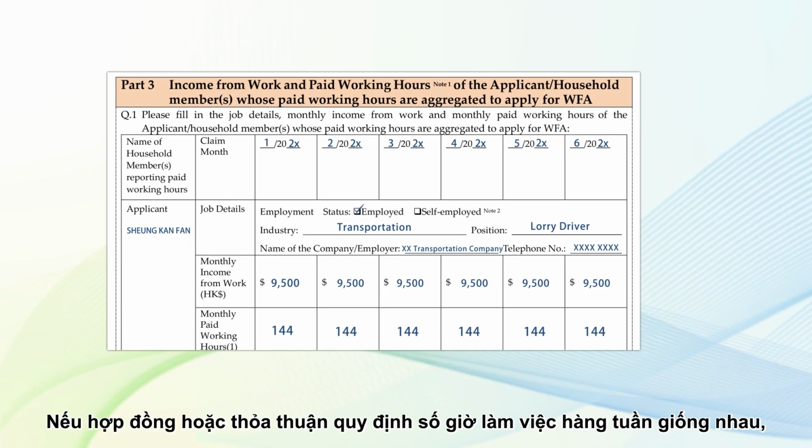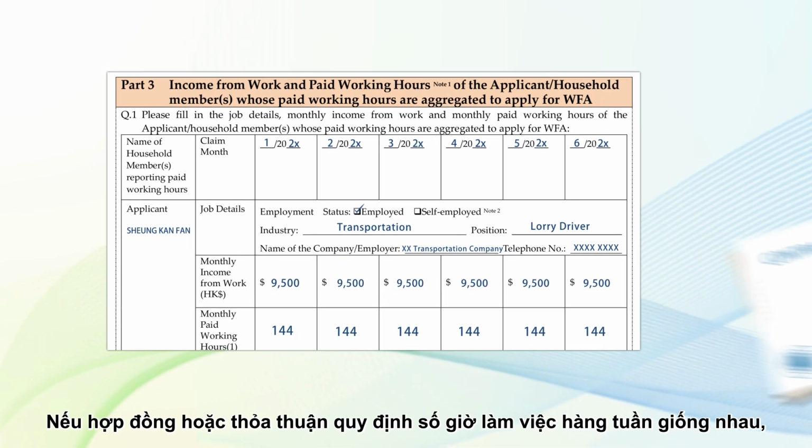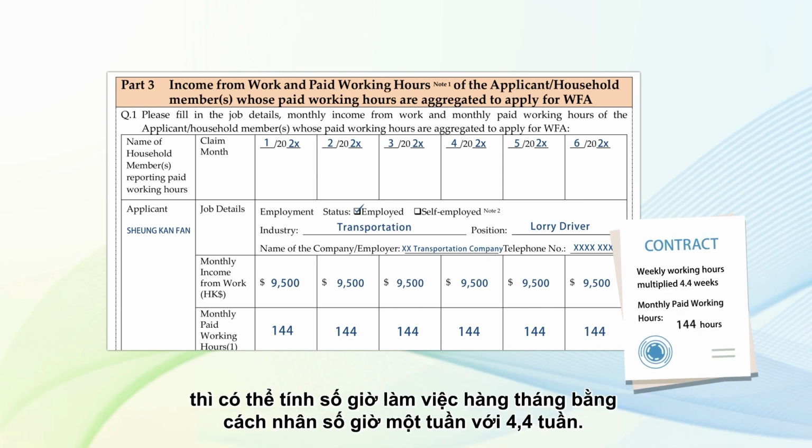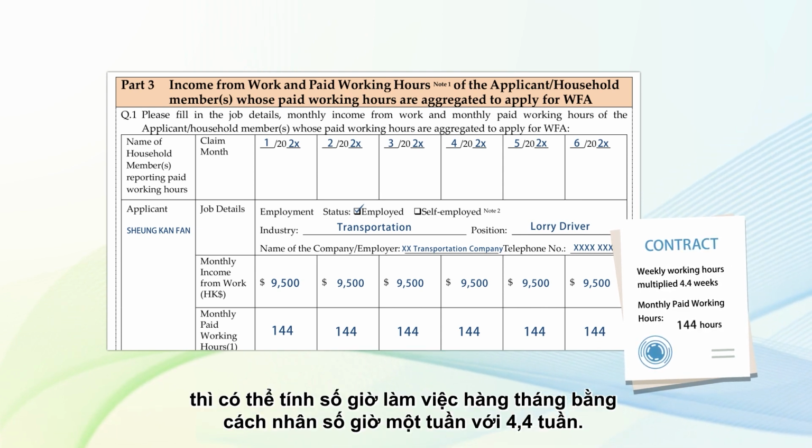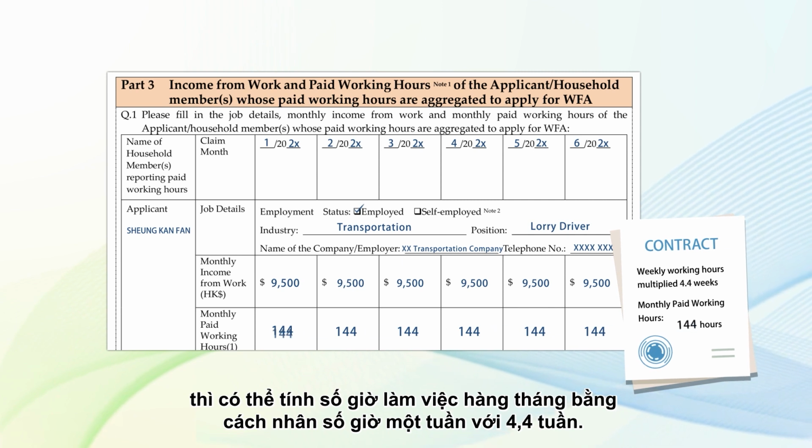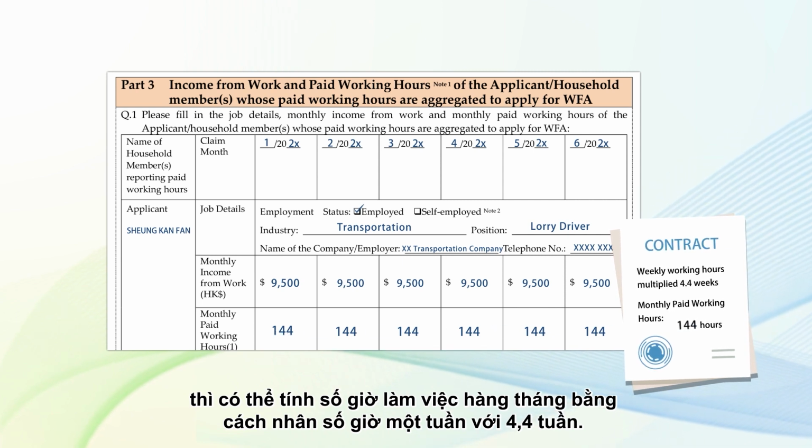If the same weekly working hours is stipulated in the contract or agreement, the monthly working hours can be calculated by multiplying the number by 4.4 weeks.